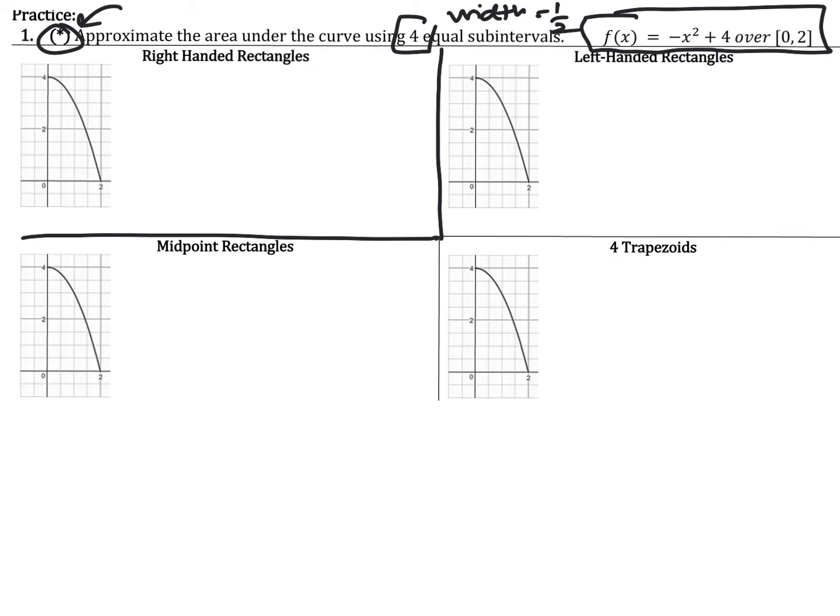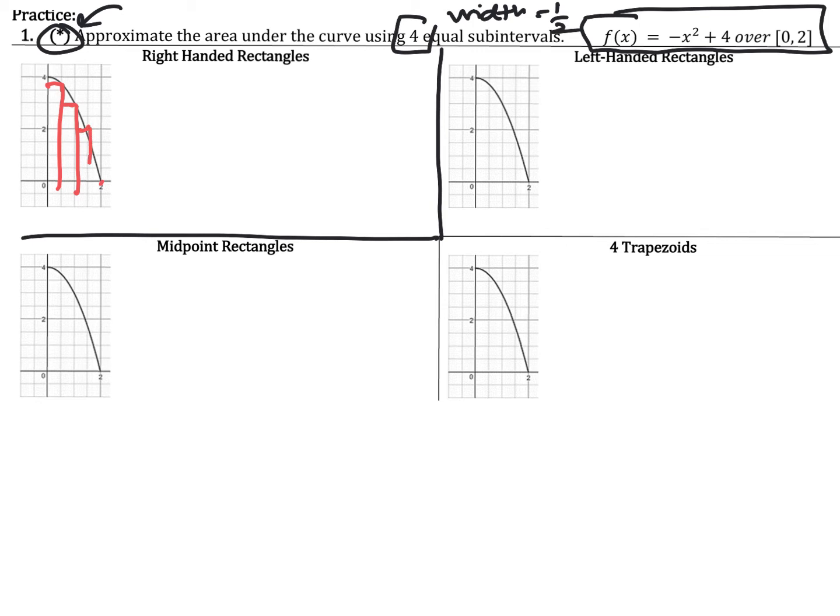So for a right-handed rectangle, we are going to be looking at the right side of each of these pieces, and that will be determining the height of our rectangle. Then we're going to make our rectangle go from the x-axis up to that height for each of those rectangles.